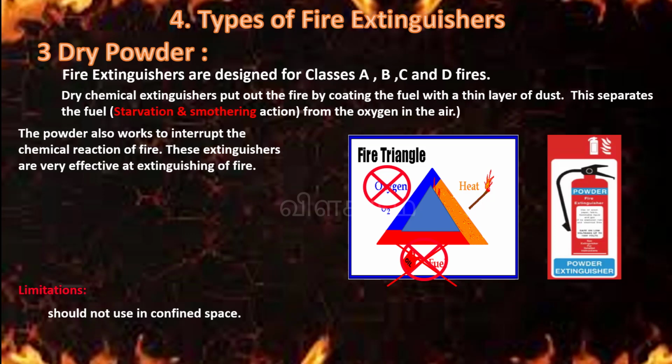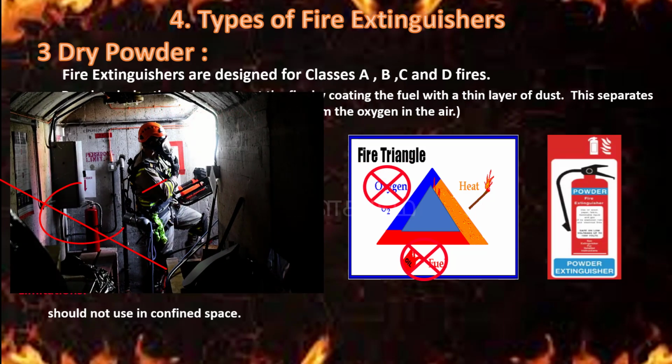This separates the fuel from the oxygen in the air, the oxygen element, or removes the heat element of the fire triangle. The powder also works to interrupt the chemical reaction of fire.